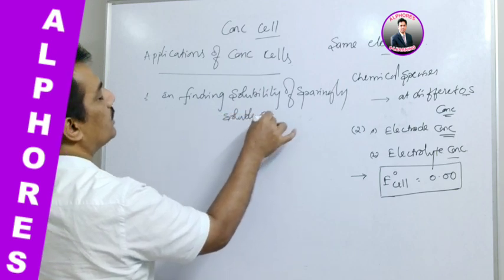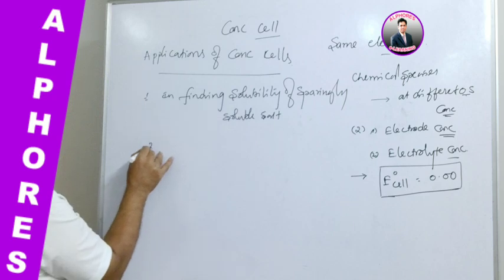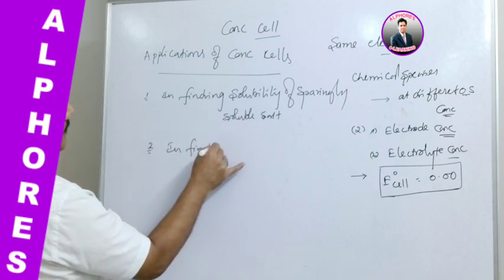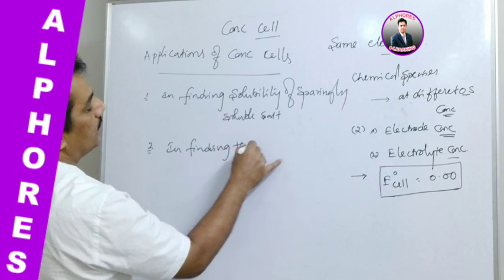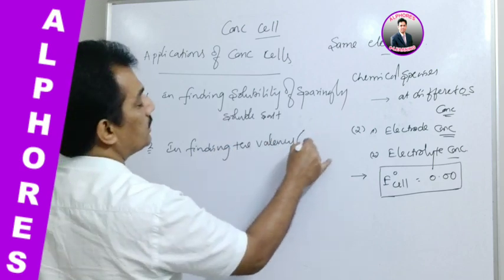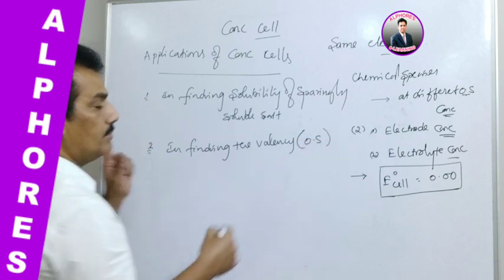This is one application, and the second one is in finding the valency. Here we can simply say it is the oxidation state in case of metals.